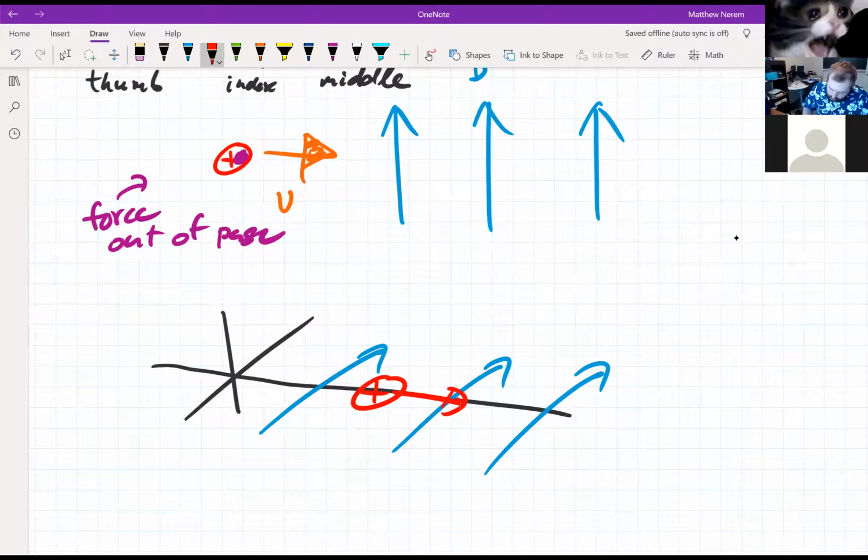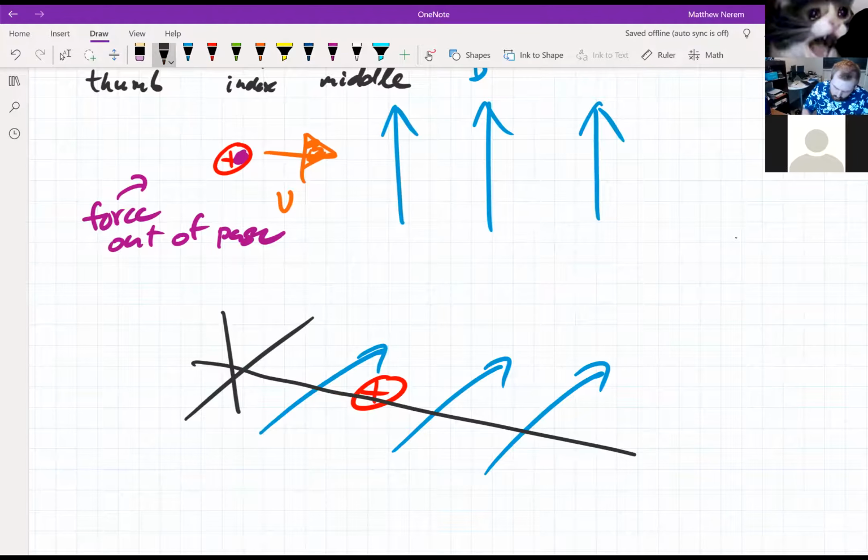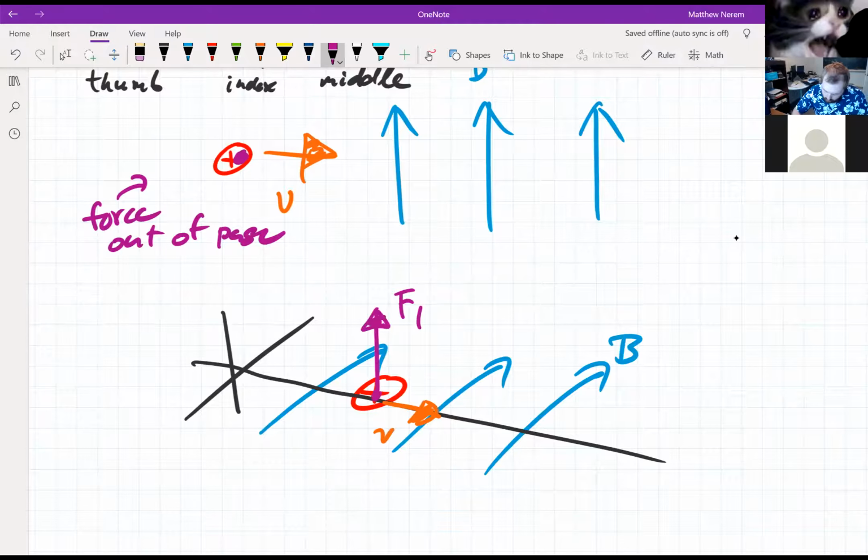Let's get those colors consistent. The force here.